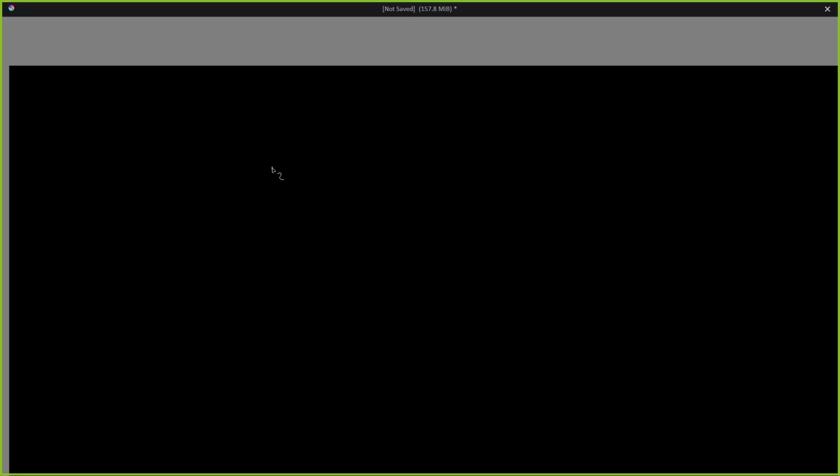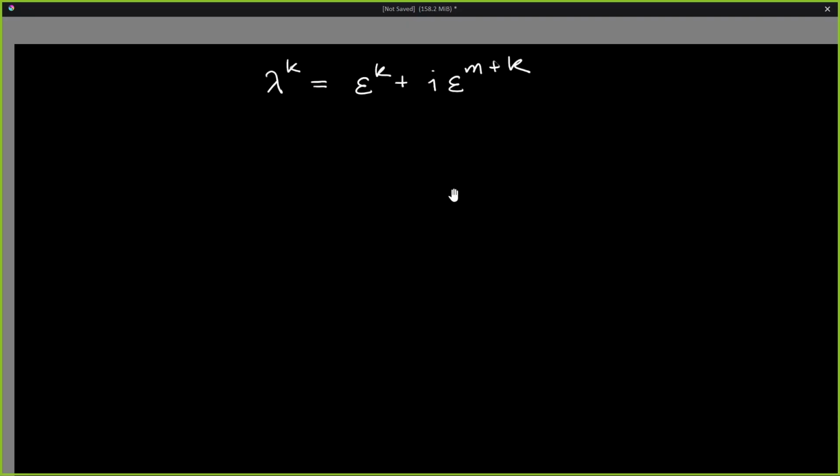Now that we know what an orientation is, we can actually apply this proof. So I'm going to call back to this idea that we had: lambda_k is equal to epsilon_k plus i epsilon_{m+k}, right? We're going to use this idea here.